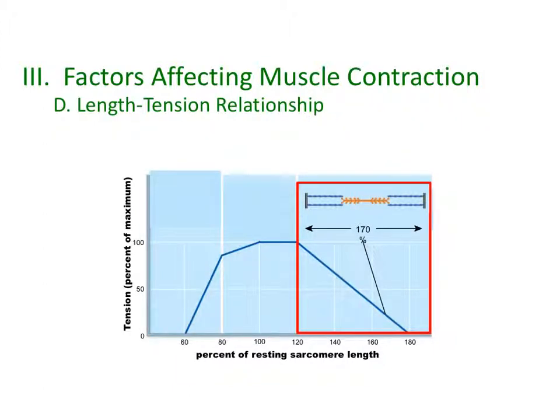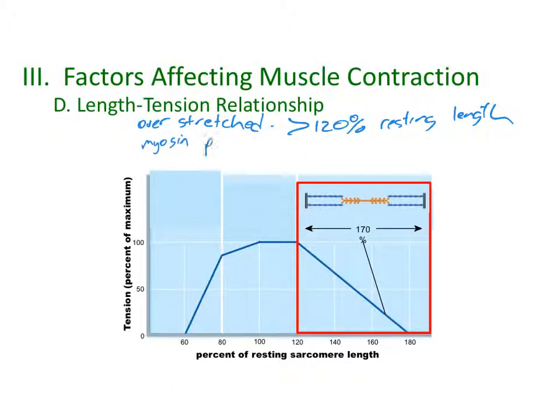At the opposite extreme, you get an overstretched sarcomere, which happens when it's greater than 120% of resting length. And so when this happens, the myosin heads are not all interacting with actin.